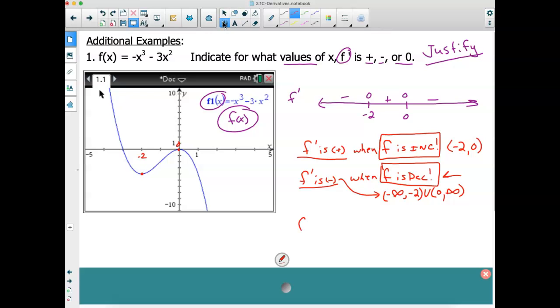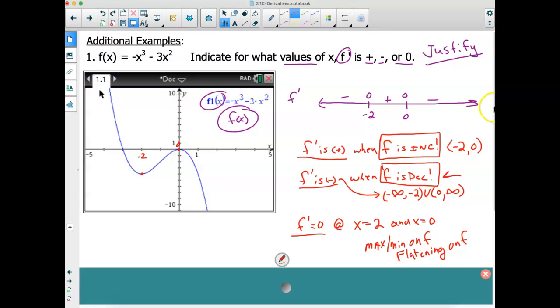When is f prime equal to 0, or when is it flat? That is at x equals -2 and x equals 0. How do I know? Because I have a max or min on f, or I have a flattening on f, meaning zero slope.